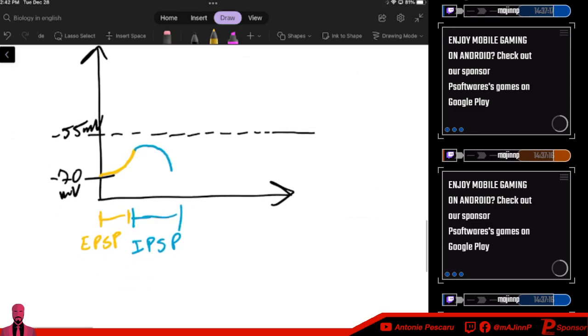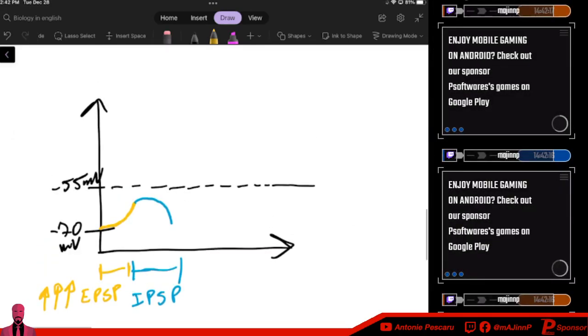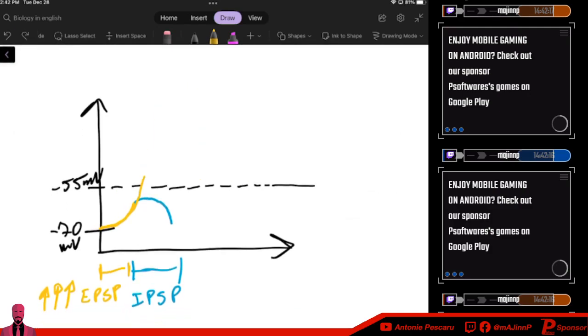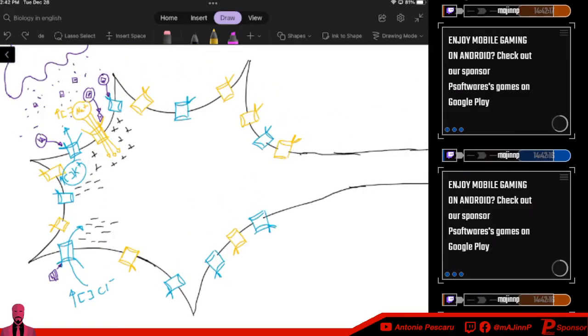And what you want is a higher concentration of EPSP, because you don't want this to happen, right? You want this to happen in order for this to happen. That's what you're trying to go for. You want more EPSPs rather than IPSPs.